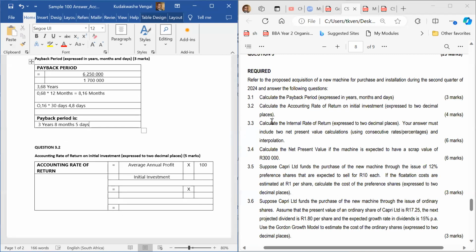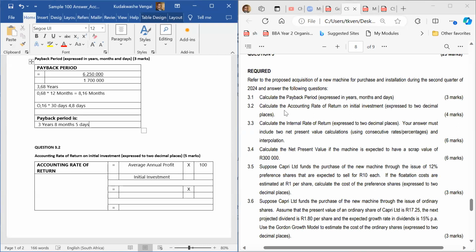Question 3.2 says, calculate the accounting rate of return on initial investment and express it to 2 decimal places. If you check in your study guide, you are given the formula. Some of these formulas, I'm not creating them from my head. They are there in your study guide.